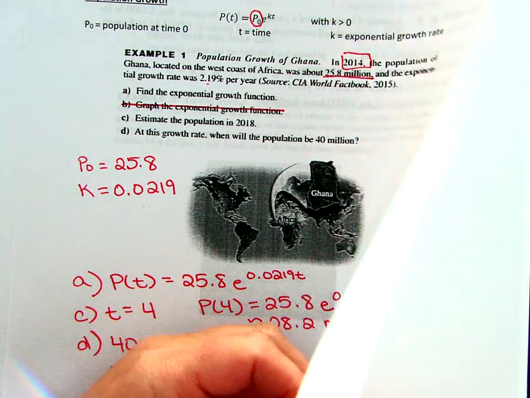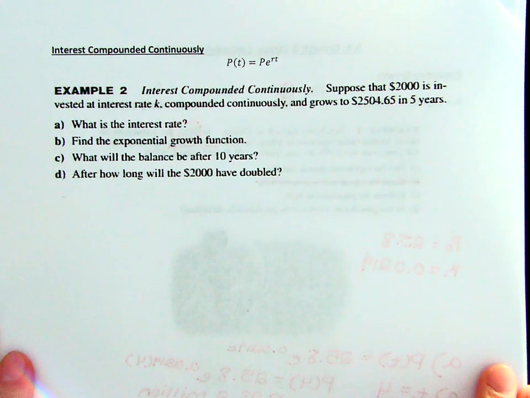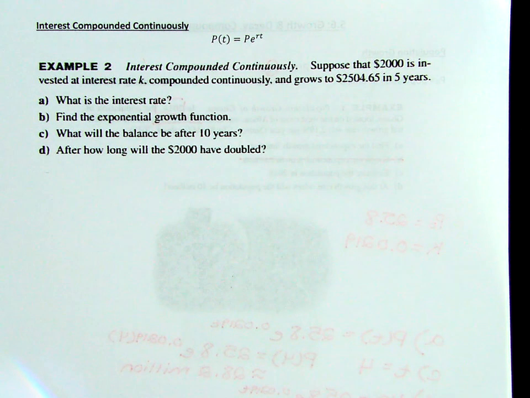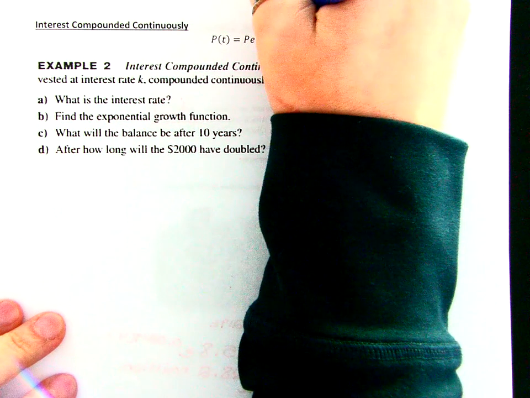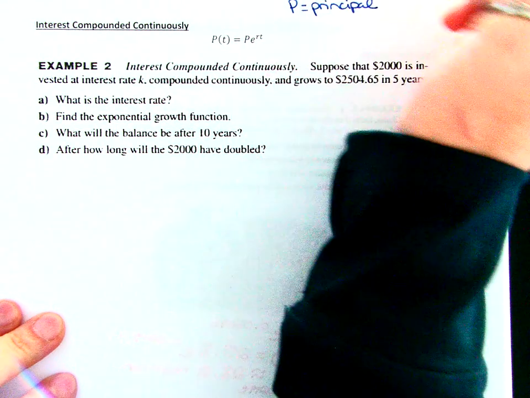All right, let's switch over to compound interest. And I want to point out that with compound interest, our equation is P of T equals principal. That's what the P stands for. I guess I should have written those over here for you. P equals your principal, or the amount you're investing, or the amount of the loan.